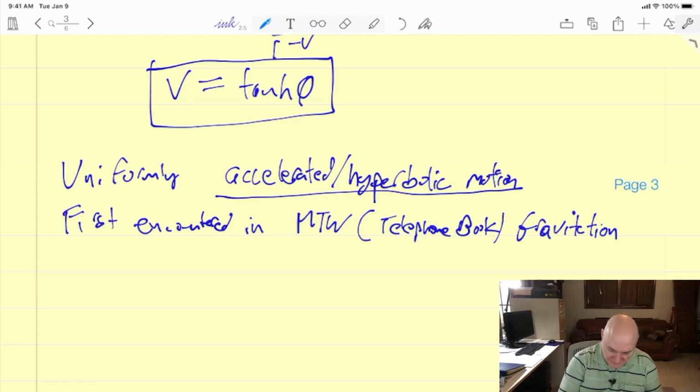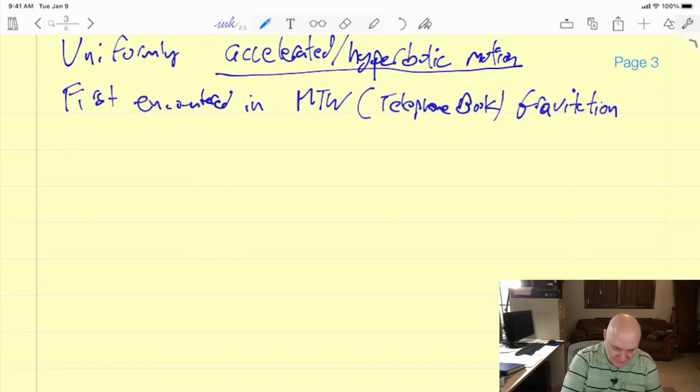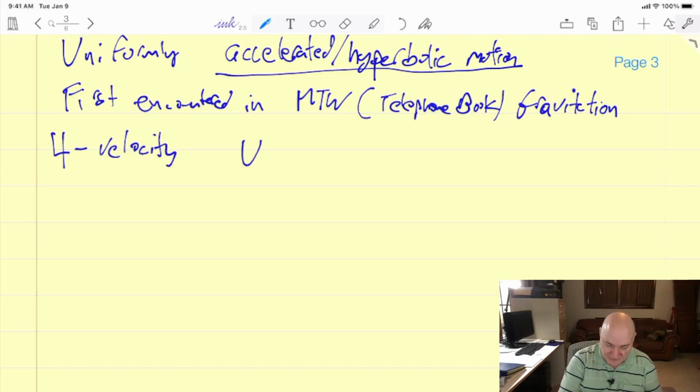So let's start with some definitions. Let's start with the 4 velocity. Usually the symbol u is used for 4 velocity, not v. v will be used for 3 velocities. So we'll have u^alpha, which is defined as dx^alpha/d tau. Tau is proper time. Alpha goes from 0 to 3. Space 1, 2, 3, x, y, z, time 0.